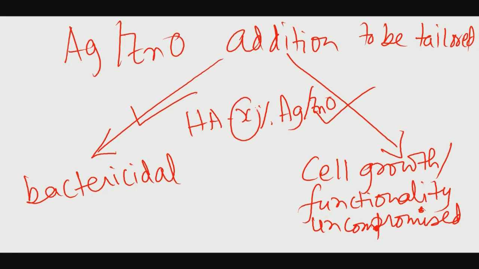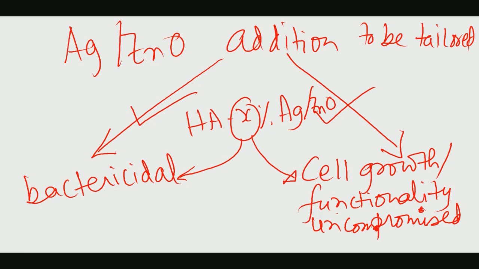This X should be such that it will cause bactericidal property without compromising or inhibiting cell growth or functionality. Here growth and functionality are in the context of eukaryotic cells, like truly nucleated cells.